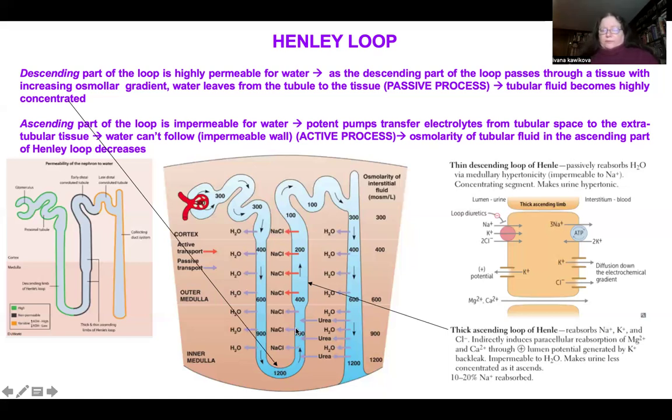So due to the effect of those active pumps, and the lack of permeability for water, the tubular fluid becomes isoosmolar and then hypoosmolar compared to plasma. So you see that this is the lowest osmolarity as we are entering the distal convoluted tubule. So a lot of water was resorbed, a lot of electrolytes were kept.